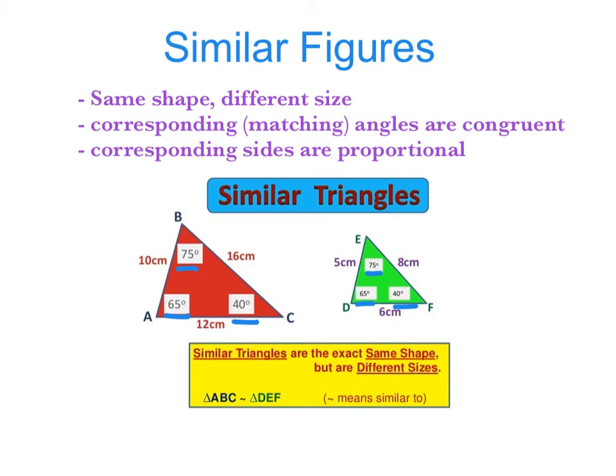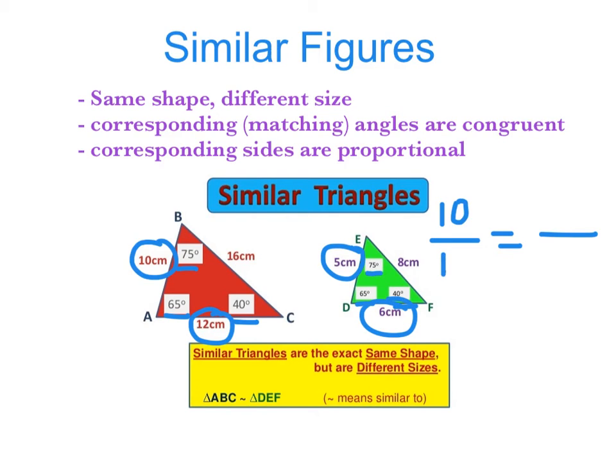Now sometimes you don't always get numbers that are that easy. So you want to be sure that you remember how to set up proportions, because you can check for two sides being in proportion by solving a proportion. So if I set up a proportion, I could say that 10 on the left triangle matches this side, and this one matches this one. So you could say that 10 is to 12 as 5 is to 6.